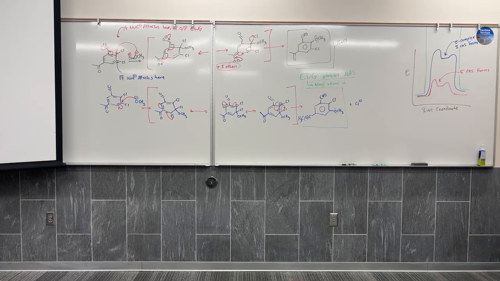What does that mean? Yeah, we discussed that last class, that the sigma complex is this little guy where you break aromaticity and then reform aromaticity. And I'm not sure why they named it sigma complex, but my thinking is it's a resonance set where all of the sigma bonds stay the same.